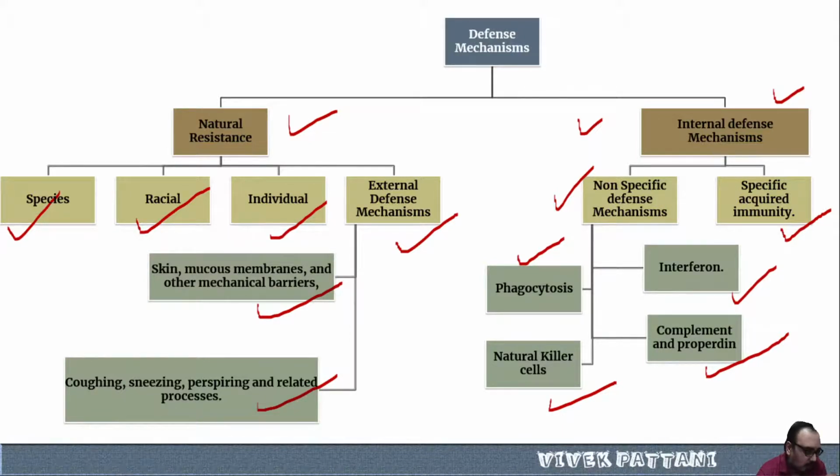And the third is the induction of experimental disease in resistant species only by massive doses of the microorganisms and often by an unnatural route or under unnatural conditions. So there are various other reasons.